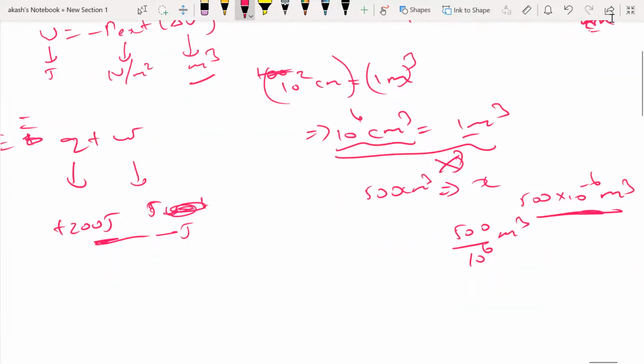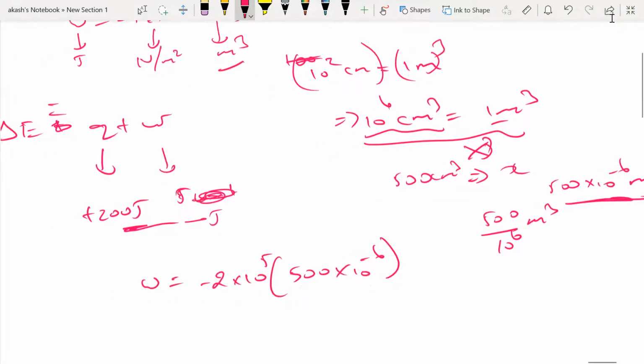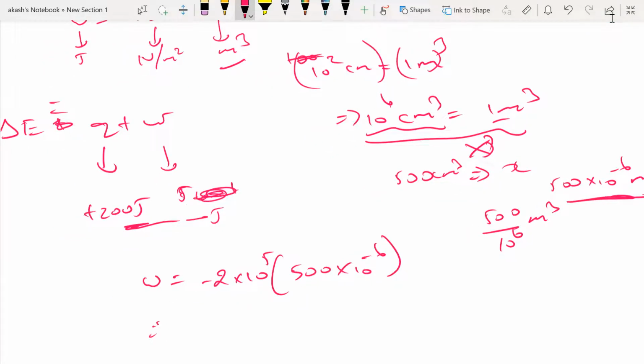So W, let us find it out first. W is minus P external delta V, which is minus 2 into 10 to the power 5 Newton per meter square into 500 into 10 to the power minus 6 meter cube. Right? So now you will get the answer as how much? This will be minus 1000 into 10 to the power 5 into 10 to the power minus 6, right?